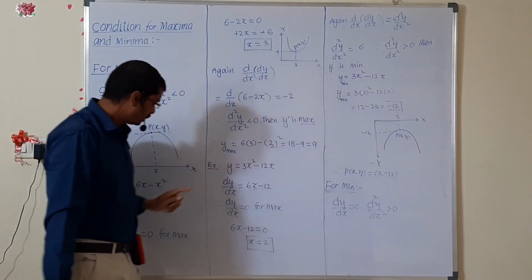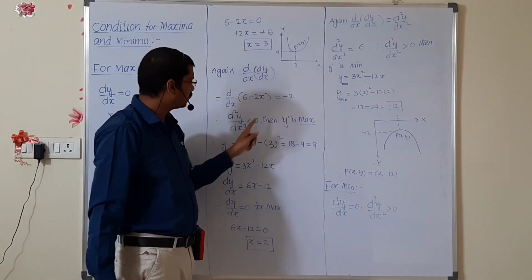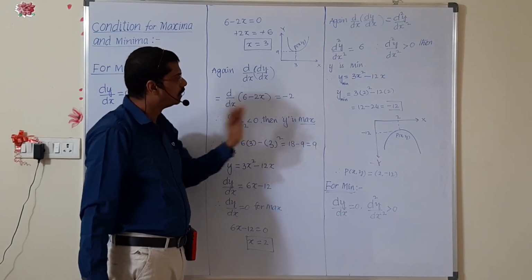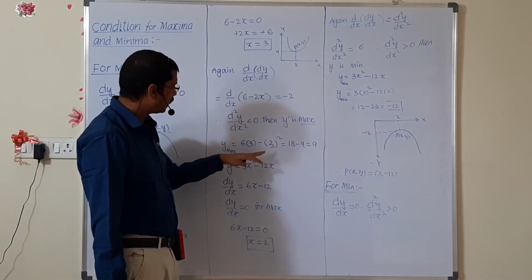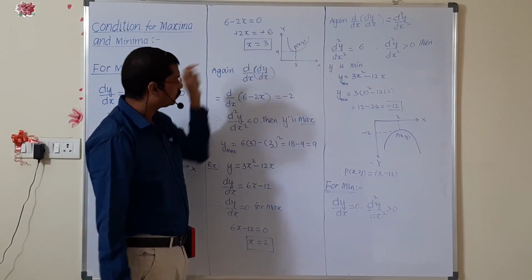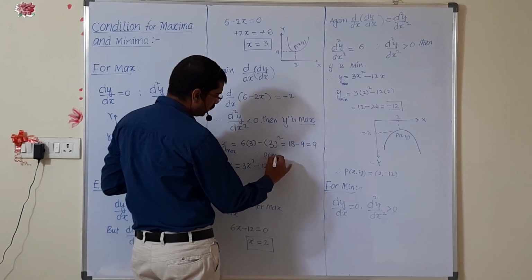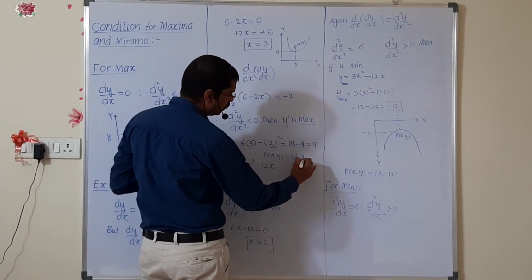Whenever the double differentiation is less than 0, here less than 0, minus 2 we got, less than 0, then y is the maximum value. The y value we are getting is 9, and the x component, p comma q. Here p is equal to x comma y, that is nothing but 2 comma 9.